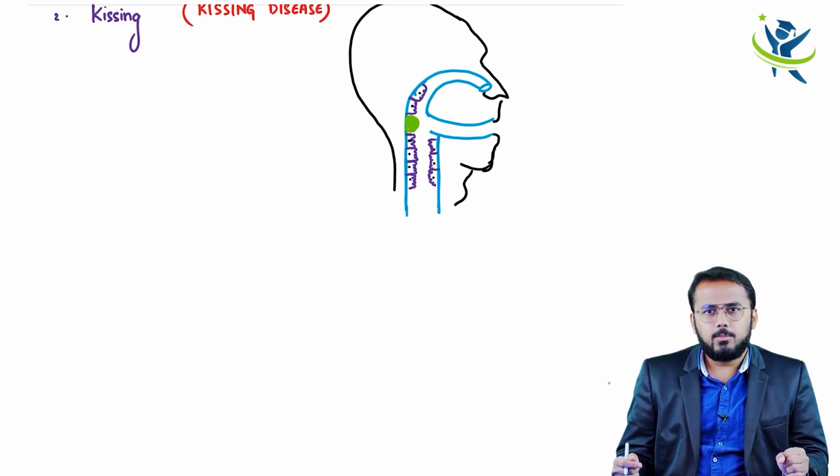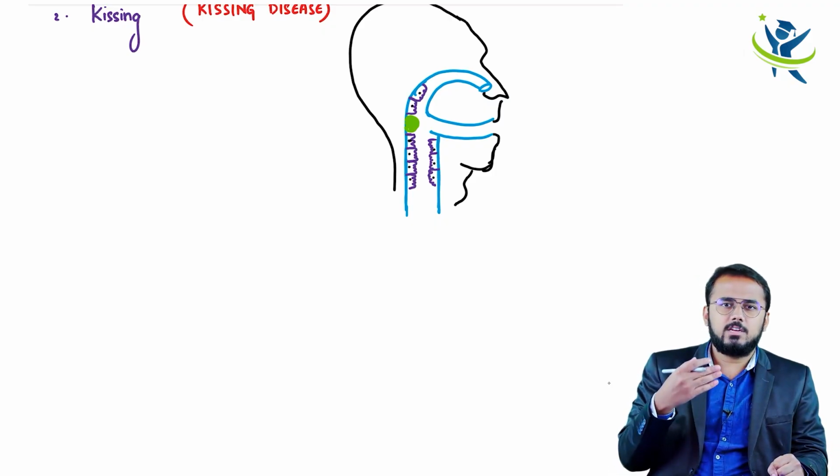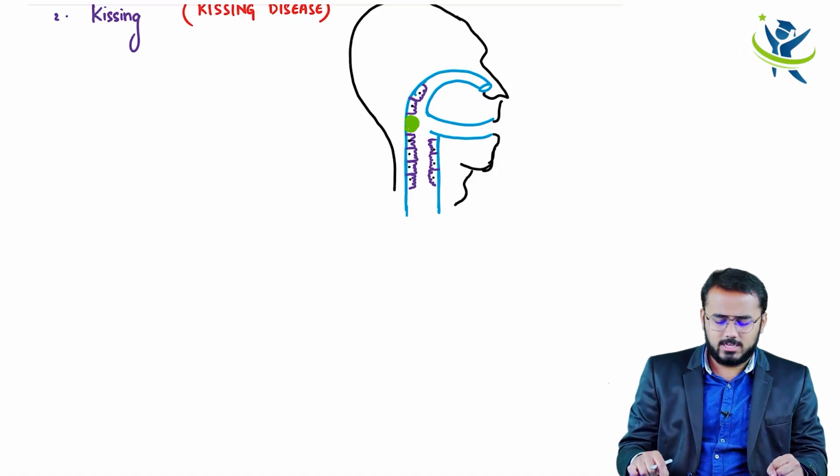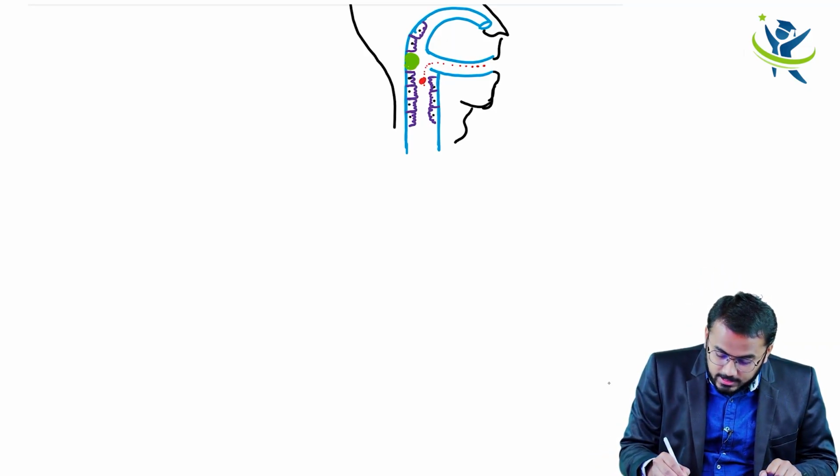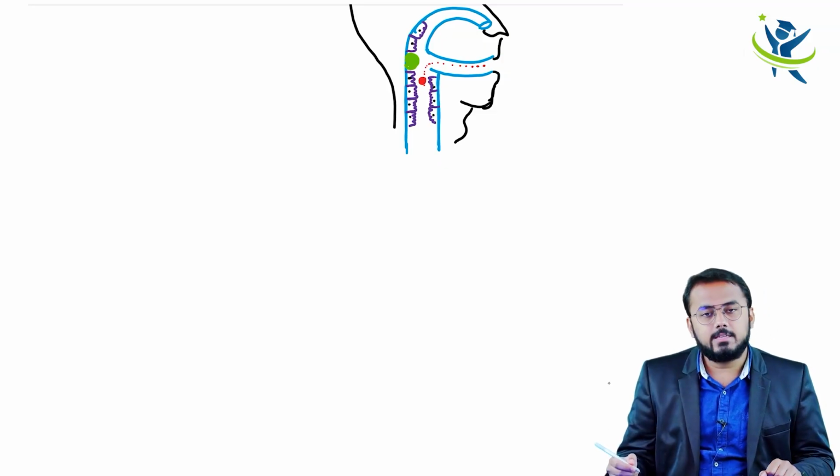Now another important thing is that, due to the salivary secretions or kissing or whatever respiratory secretions it might be, what is happening, guys? The virus particles enter into the mouth and they enter into the oropharynx, right? So the virus particles are right now in the oropharynx.